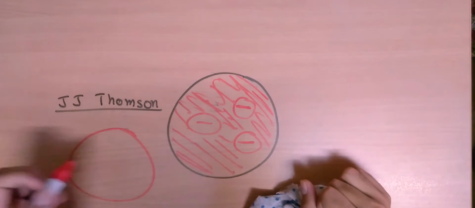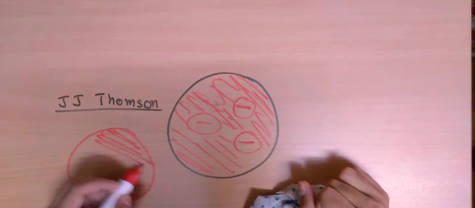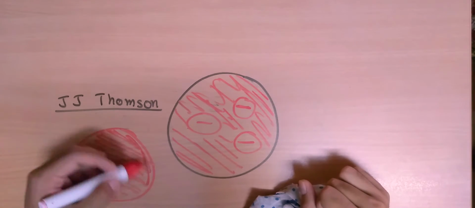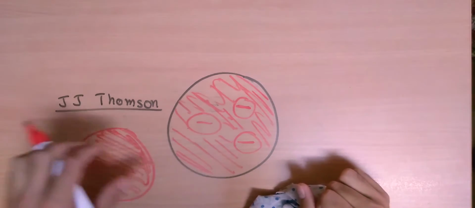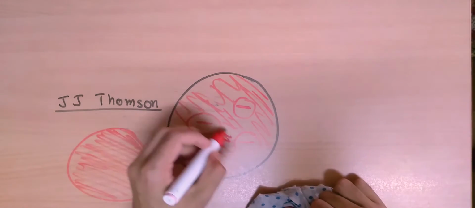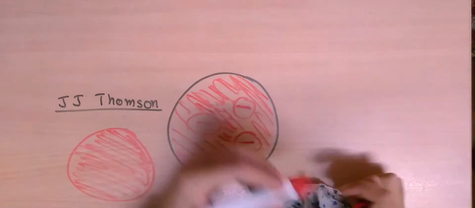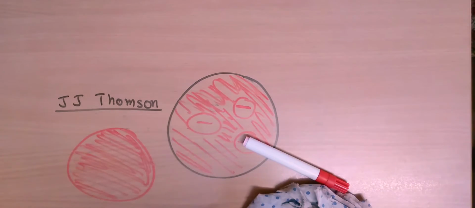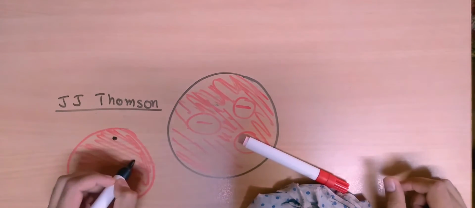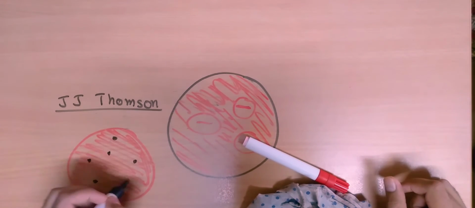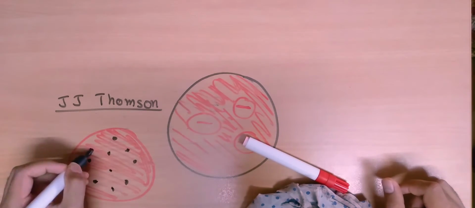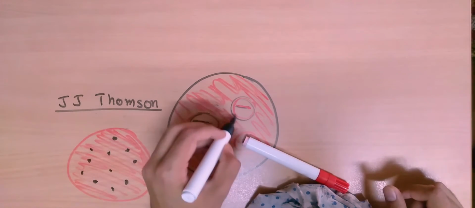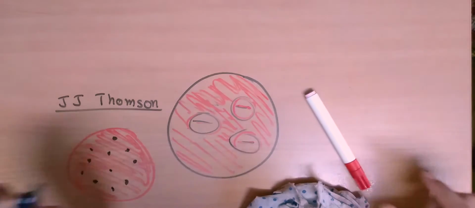If you cut open a watermelon, it has this red part, which you eat, hopefully. He compared this red part of the watermelon to the positively charged part of an atom, and he said that just like a watermelon has this red part, and in that red part we have some seeds embedded, he compared these small seeds to the negatively charged particles present inside the atom, and this solved the problem.